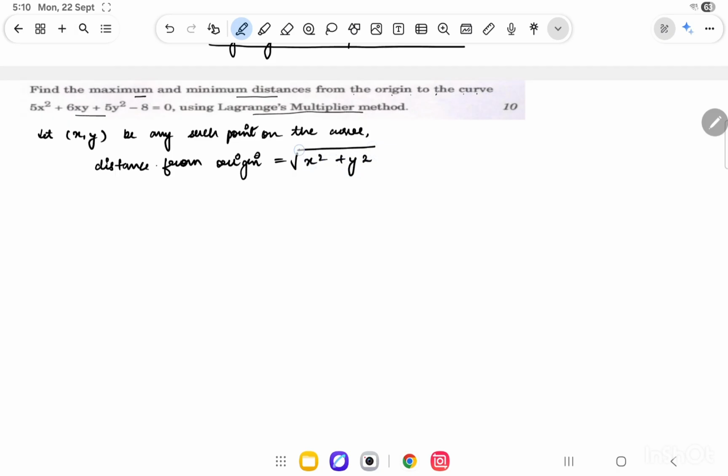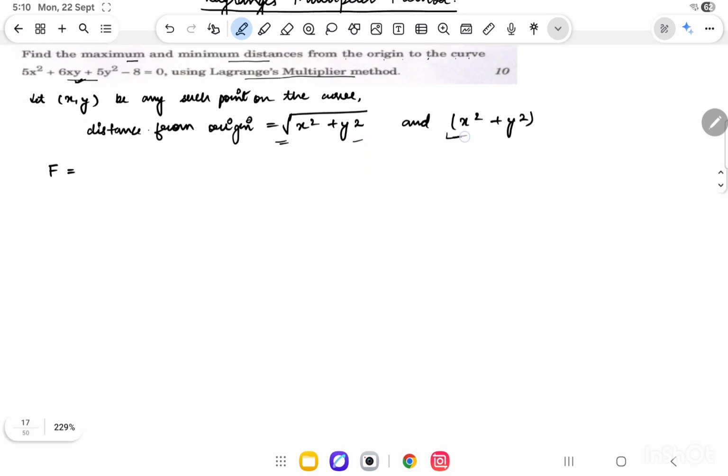Now we are supposed to maximize and minimize this distance with respect to the given curve. If you notice, the point where the distance achieves its maximum will be the same as for its square, likewise for the minimum.